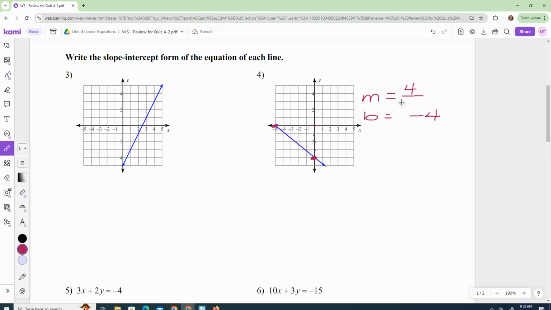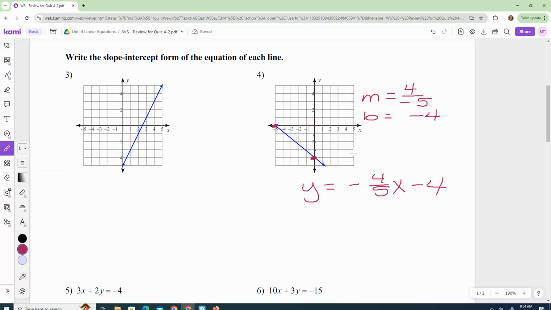If it's backwards, that is negative. So my equation, y equals m, -4/5 x, plus b, so you could say plus -4 or just -4. You need to be able to write the equation if I give you the slope and y-intercept or if I give you the graph.